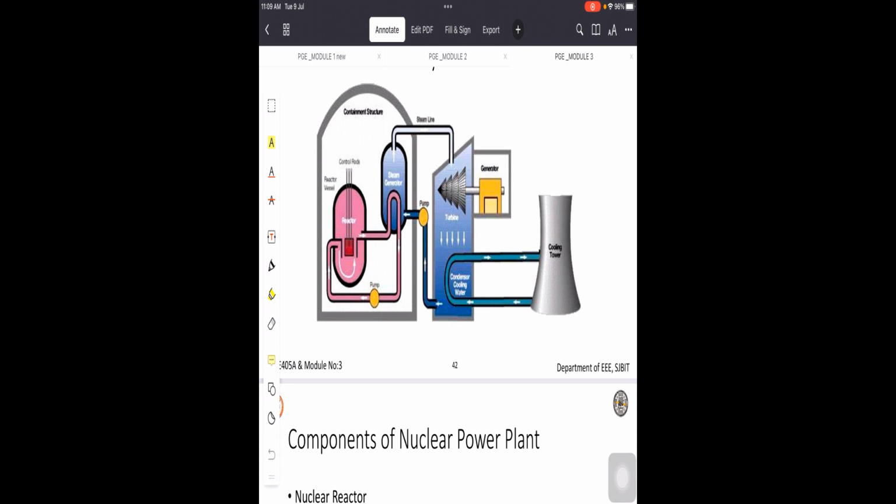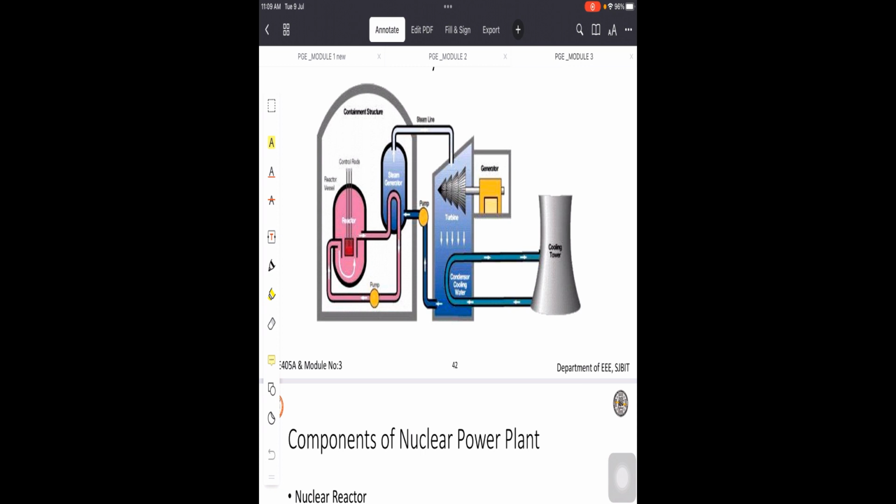Next is shielding. Shielding plays a very important role in the nuclear reactor, as its purpose is to give protection from the deadly alpha and beta particle radiations as well as gamma rays, so the shielding has to be provided in such a way that there is no leakage happening.